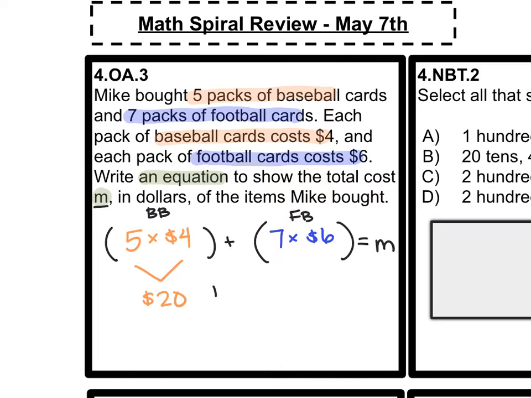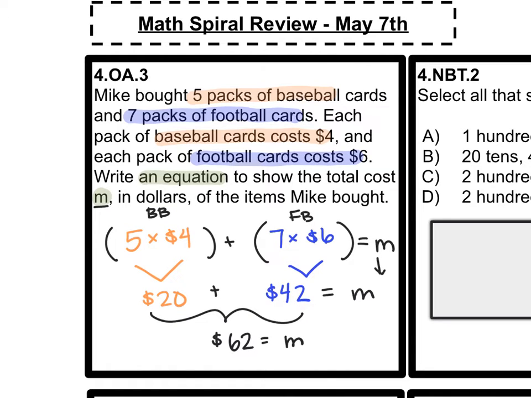And then I'm going to add the 6 times 7, or the 7 times 6, which is my favorite. 6 times 7 is going to be 42. Those 2 numbers added together, I'm just going to bring this M down, are going to be equal to M. My last step would be then to add these 2 together. So 20 plus 42 is going to be $62, which is how much Mike spent.